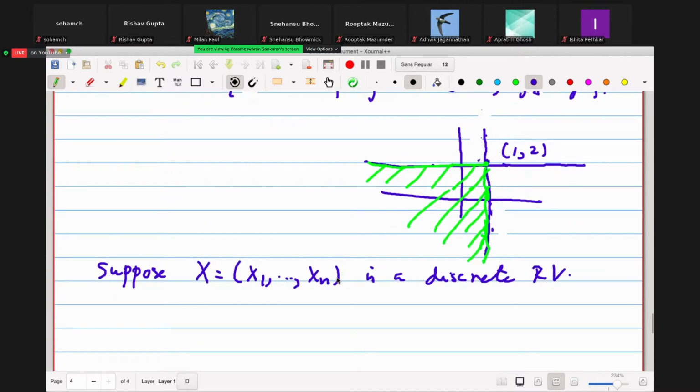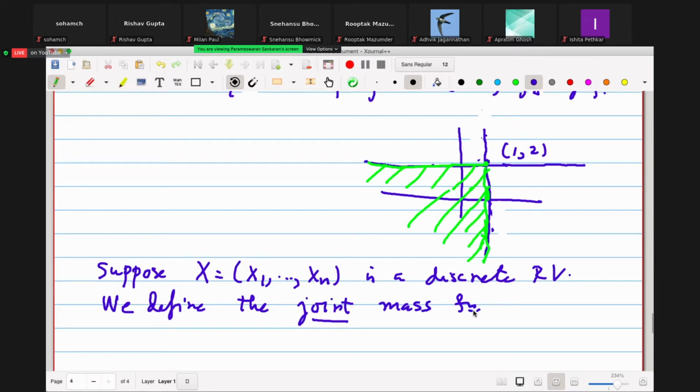You can do it for anything. Suppose this is discrete, then we define the mass function, the joint mass function. You have to keep throwing in the word joint.